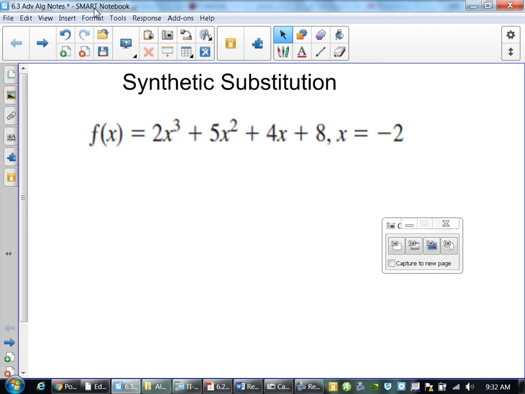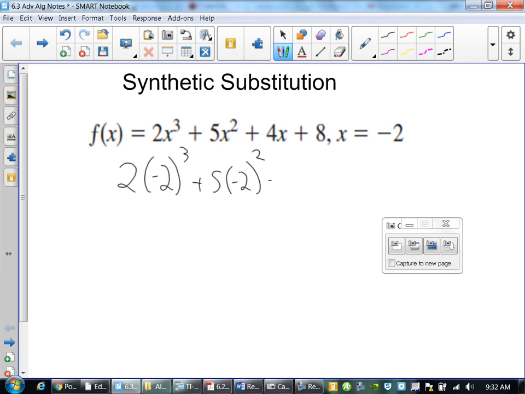When you think about the ways that you can substitute in values, what you would normally have done in the past, if you're going to substitute in -2 into this equation, is write 2 times -2 cubed plus 5 times -2 squared plus 4 times -2 plus 8, just straight substitution. You'd put it in your calculator. Well, what's nice is that there's a clean method to do this rapidly.